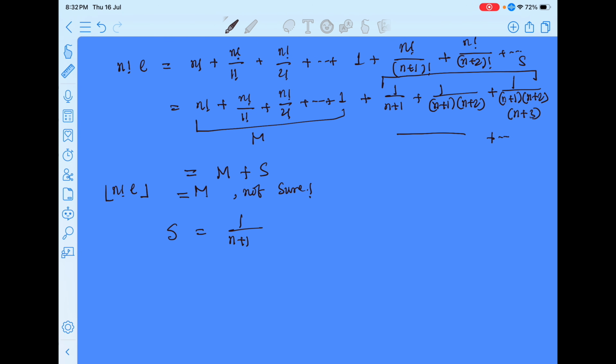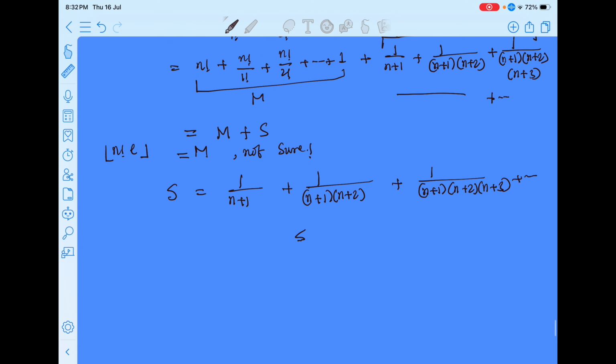So s is 1 by n plus 1 plus 1 by n plus 1 times n plus 2 plus 1 by n plus 1 times n plus 2 times n plus 3 and so on. This is less than or equal to 1 by n plus 1 plus 1 by n plus 1 squared plus 1 by n plus 1 cubed and so on.